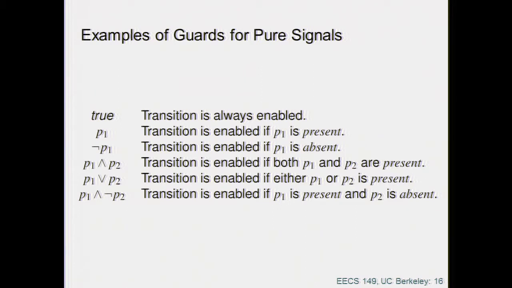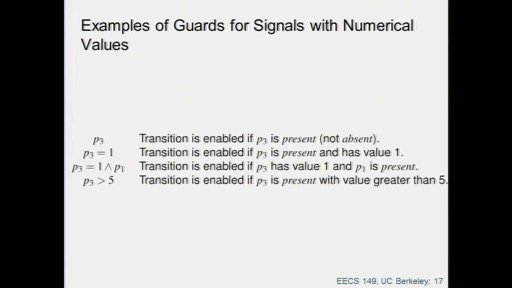So not P1 is that I take the transition if P1 is not present. P1 and P2 means that transition is enabled if both P1 and P2 are present at the same time. P1 or P2 means that I take the transition when either P1 or P2 is present. Now, P1 and not P2 means, of course, that if P1 is present and P2 is absent, then I take the transition. Okay. So we already discussed that before, but just to summarize.